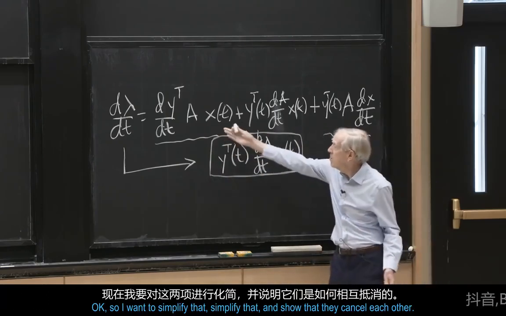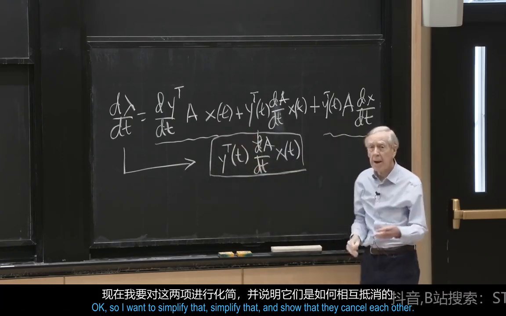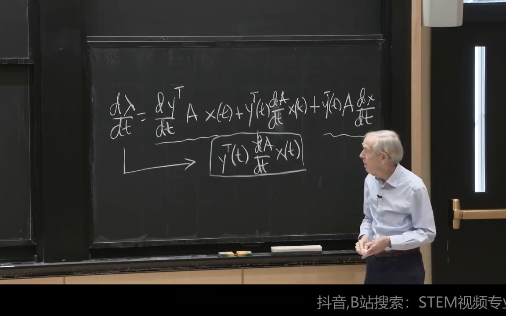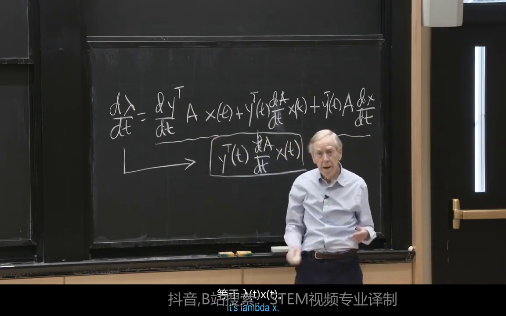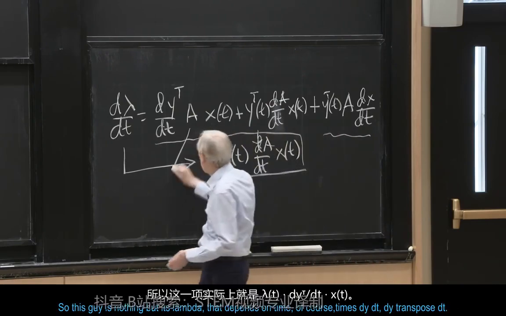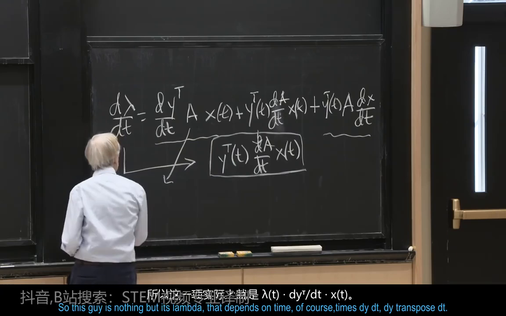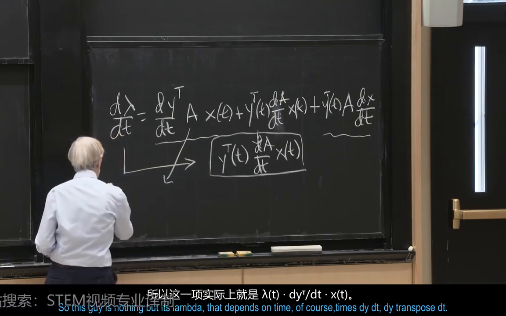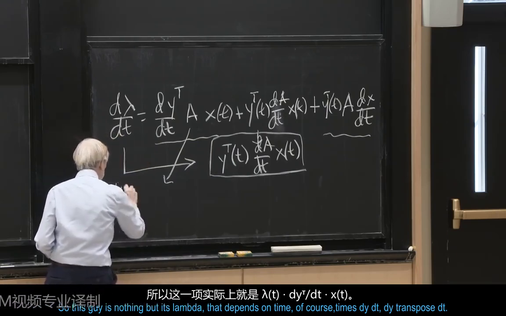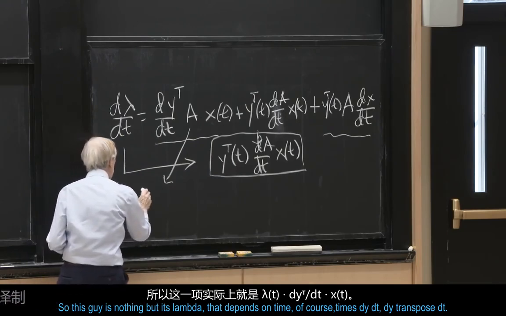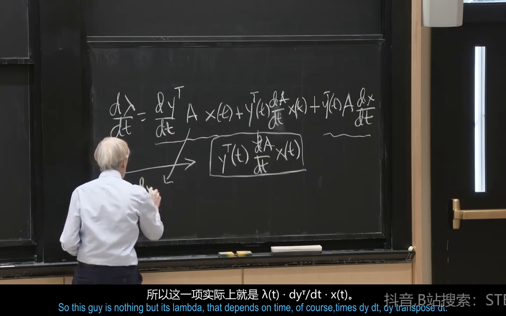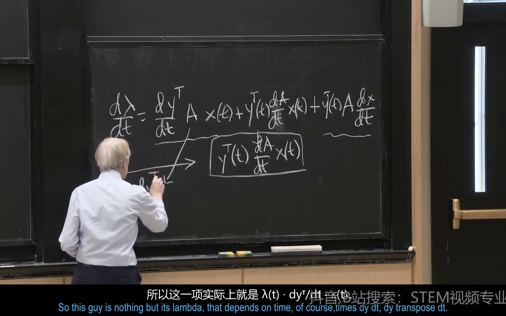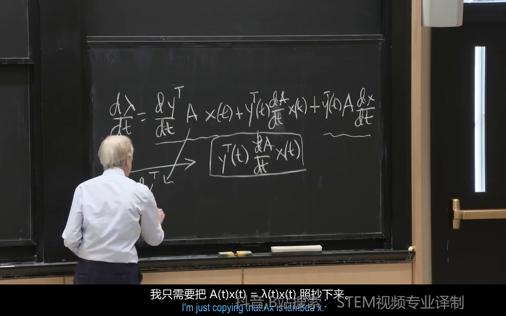Okay, so I want to simplify that, and show that they cancel each other. So what is A x? It's lambda x. So this guy is nothing but lambda, that depends on time, of course, times dy transpose dt, I'm just copying that.